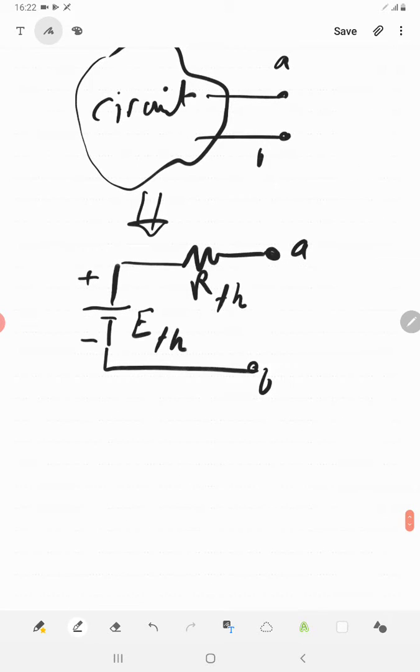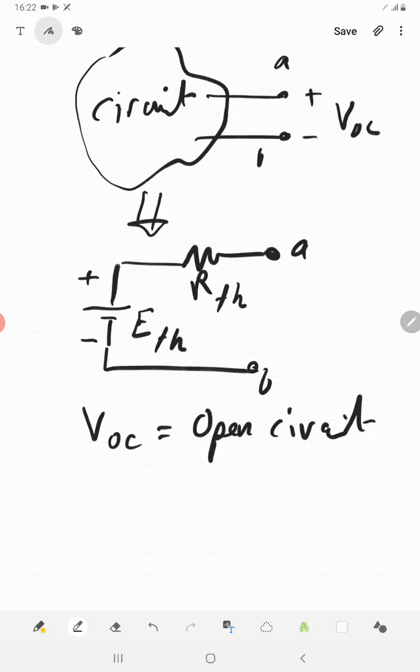What is this? It is a plus minus V open circuit. V open circuit equals the open circuit voltage.